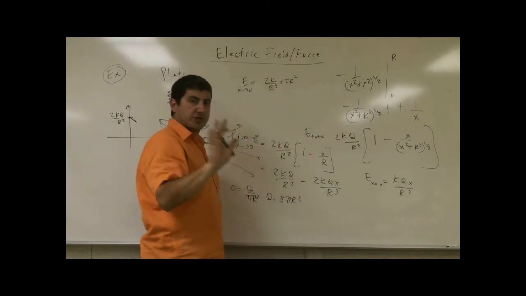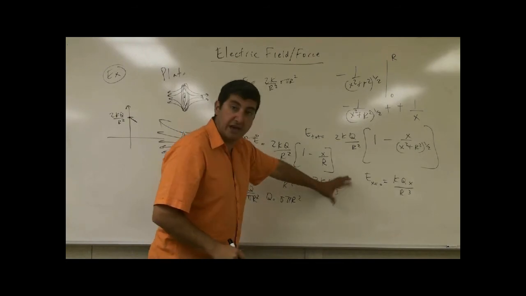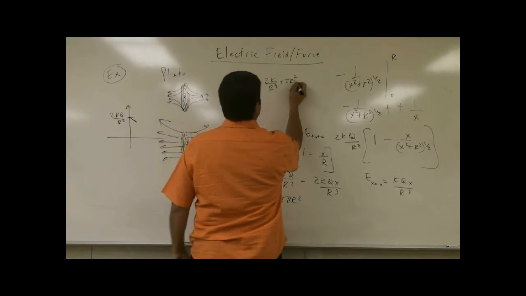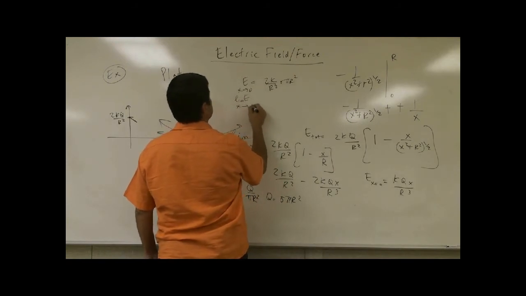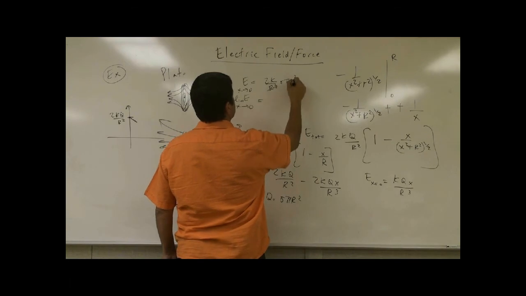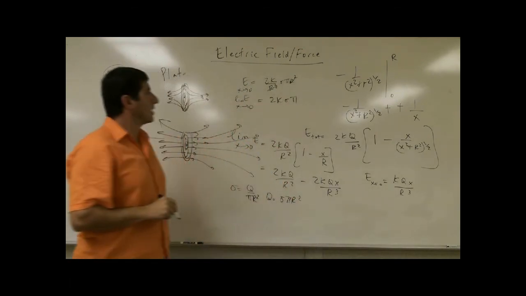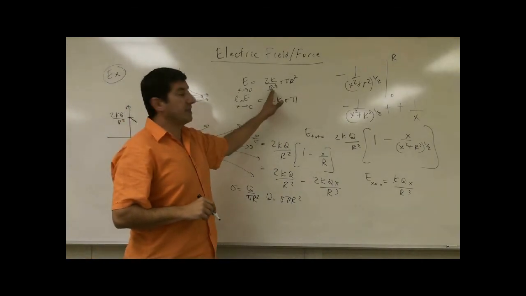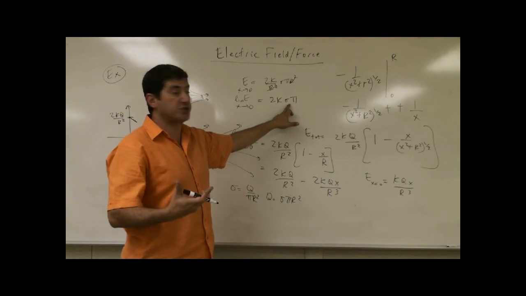Let's actually just focus for a second just on this value here, not the behavior as a function of x. So if you rewrite this, you have the limit as x goes to 0. The r squared cancel. You have 2k sigma pi, right? And then the radius of the disk canceled out, and I have it expressed in terms of the charge density.